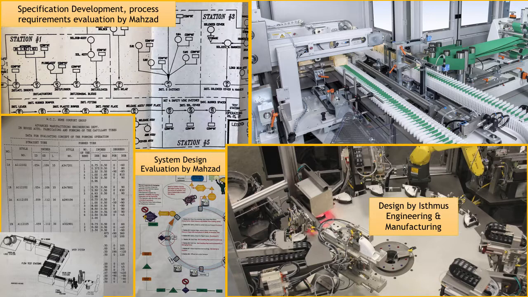Under it on the left is a table showing the variations of different products going through the same automated equipment. What are the different models, and what are the differences in details? And then underneath it is a sketch of concept design for automated equipment. To the right of it is a system design evaluation.